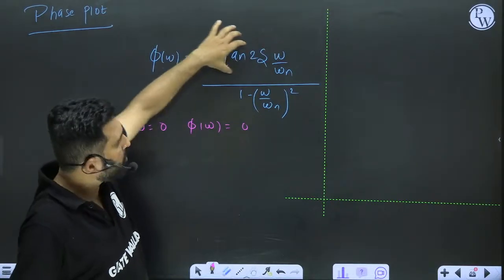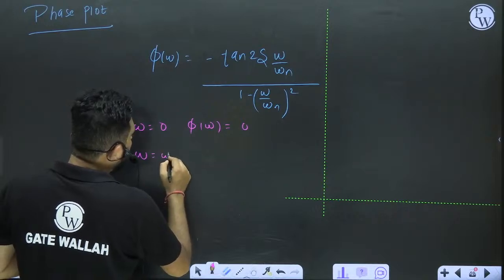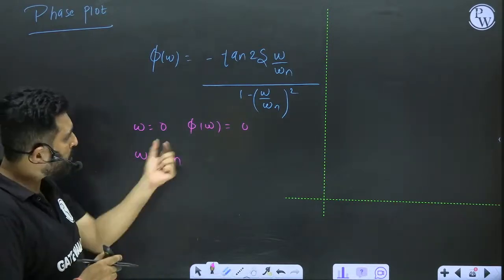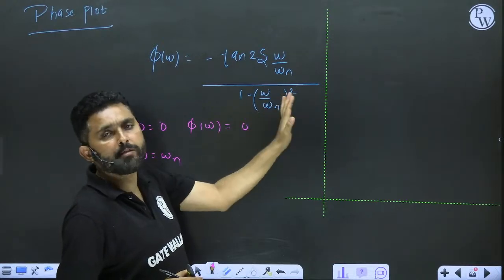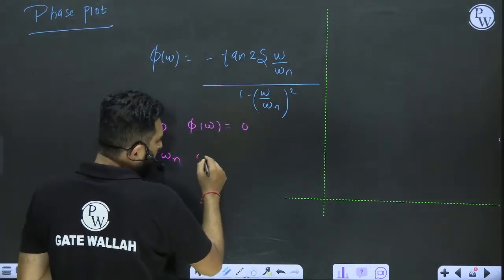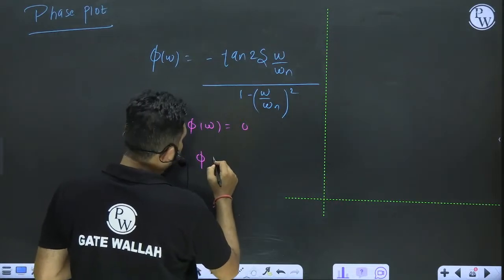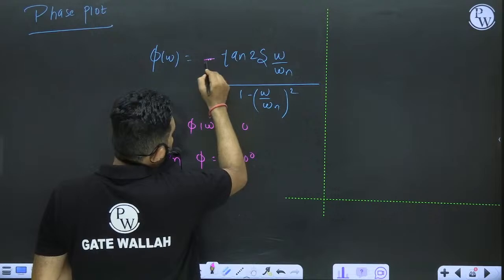So tan inverse of 0 is 0. What will happen when omega is equal to omega n? This term becomes 1, and 1 minus 1 becomes 0. You will get tan inverse of infinity, and hence phi of omega is equal to minus 90 degrees. Don't forget that I have a minus sign here.